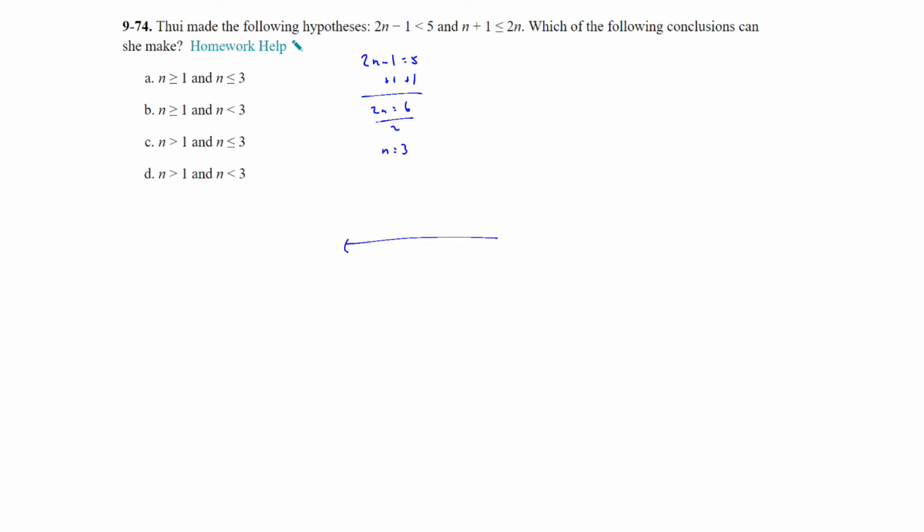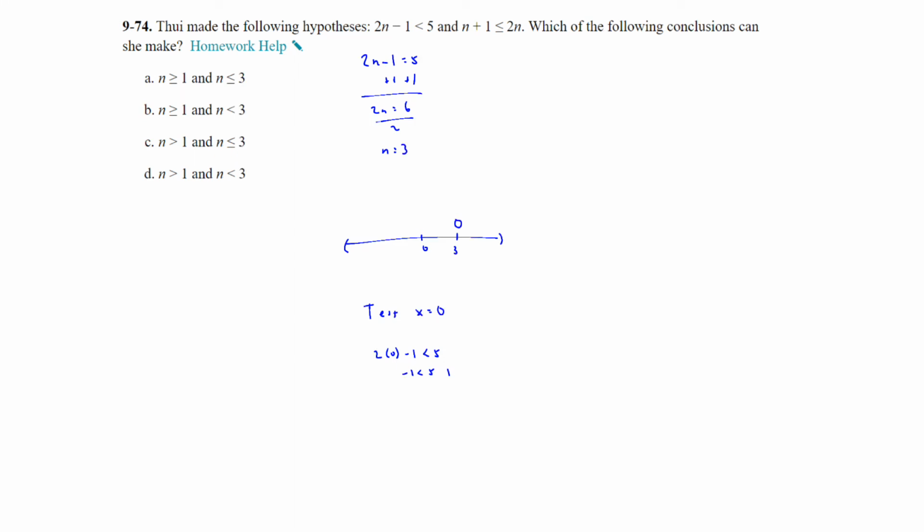So we know on our number line that the 3 represents our boundary point. It is open because the inequality does not include equal to. And then we're going to test a point. We're going to test the point 0, or x when x is 0. So we get 2 times 0 minus 1 is less than 5, is negative 1 less than 5?